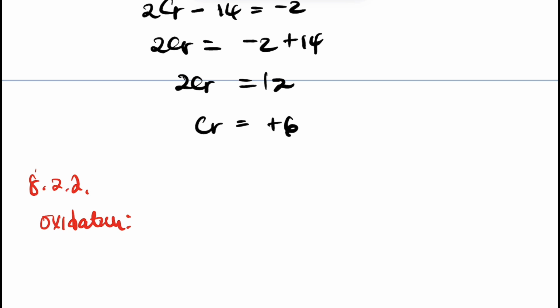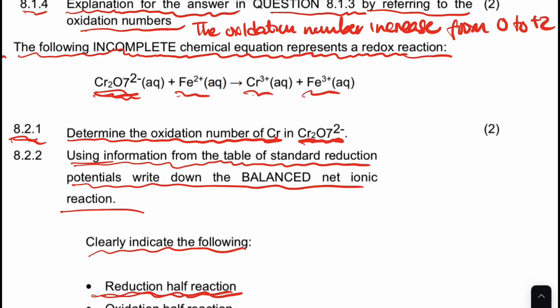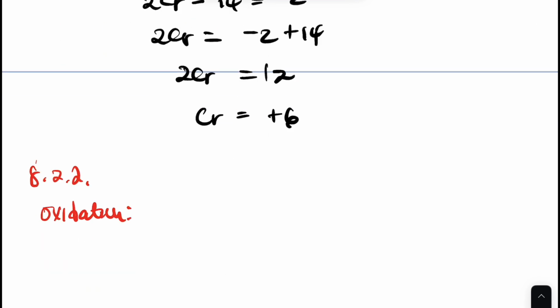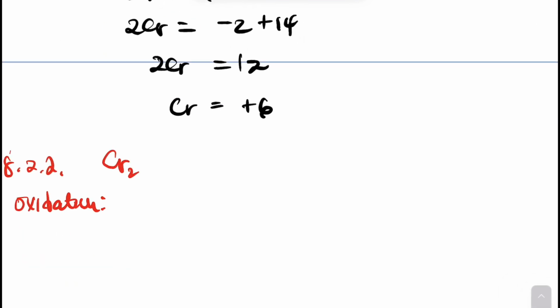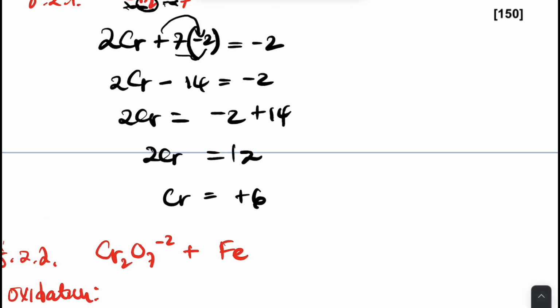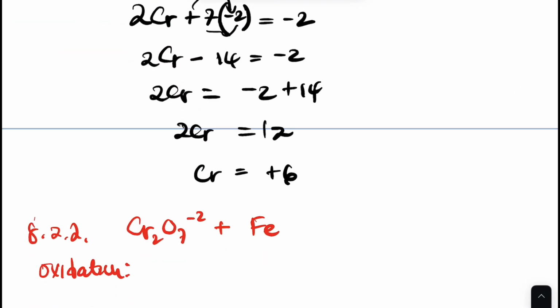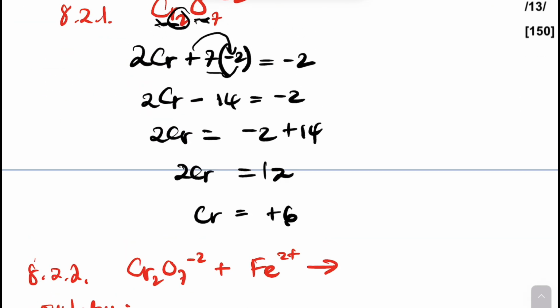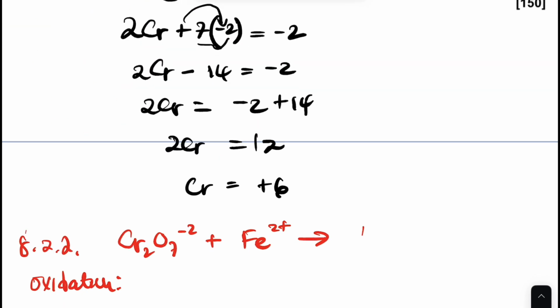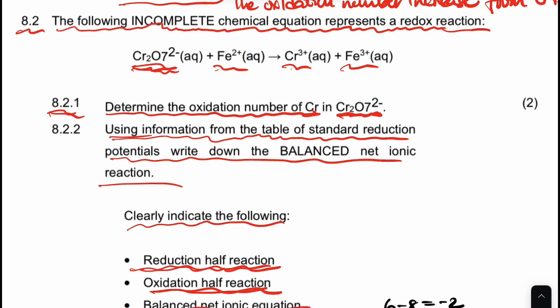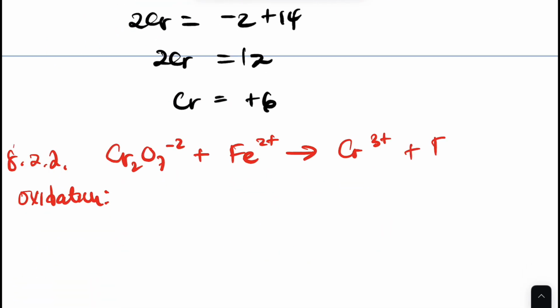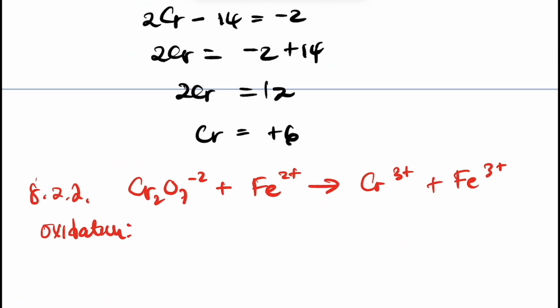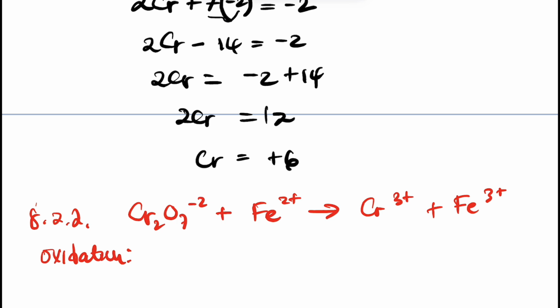Let me rewrite that. We have Cr2O7 2- plus the iron. The iron is 2+, and the arrow, it's going to be Cr3+, plus the Fe3+. Okay guys, now what do we need to check here? Which one is oxidizing?